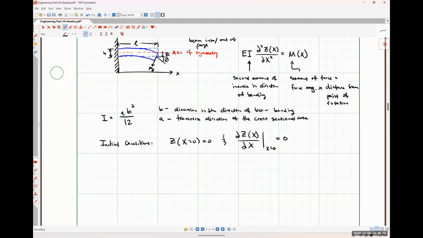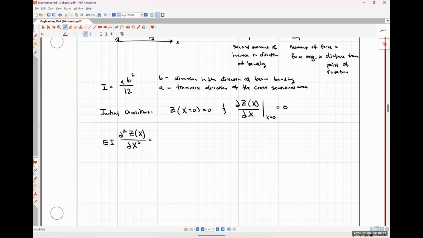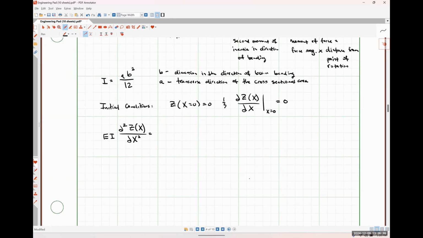So what we'll have is EI times the second derivative of z as a function of position with respect to position squared is going to be equal to our moment of force.